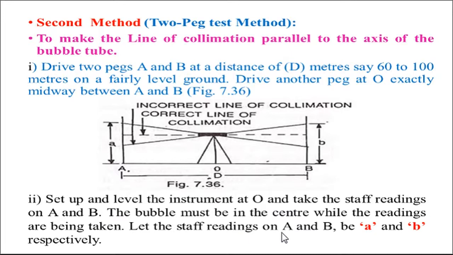Let the staff readings on A and B be small a and small b respectively.